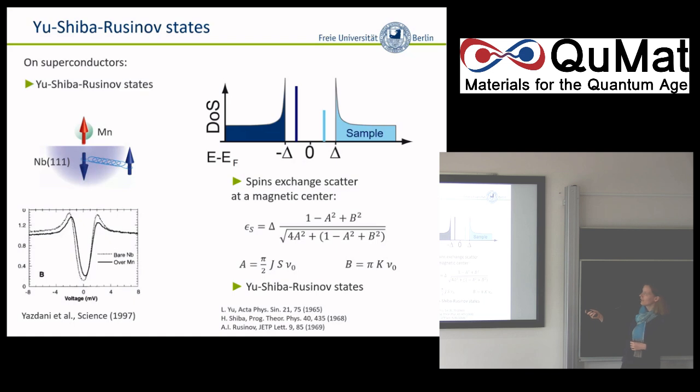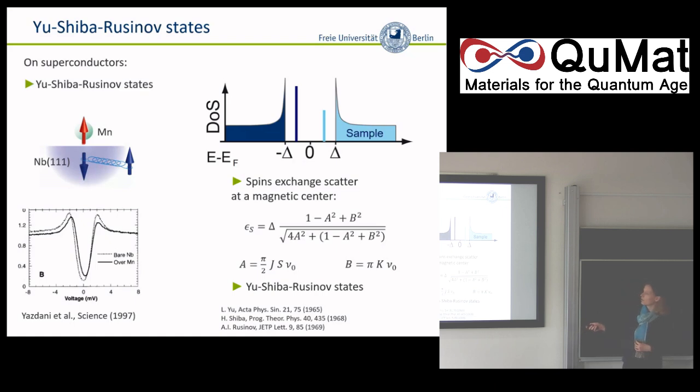So this is at a certain energy, and you can look at where this energy is. Well, it's inside the superconducting energy gap. This is delta, and here you look at the scaling factor where it is. There's one important term that scales with the exchange coupling. That's J, the spin of the adsorbate, and this is nu naught, the normal density of states.